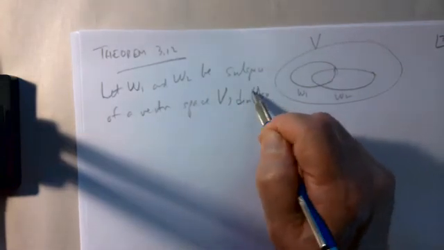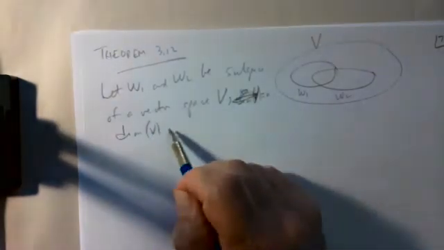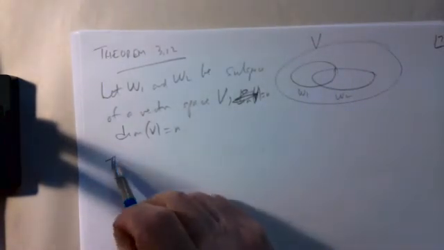Say the dimension of V is n, doesn't matter what the dimension is, so it's some finite number.